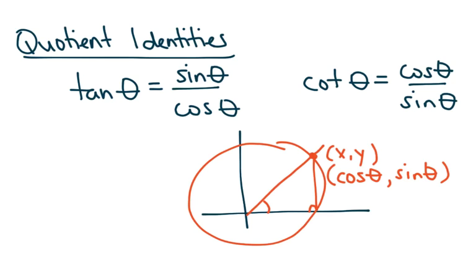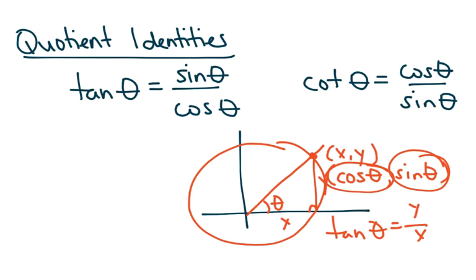So if you draw a triangle here and you ask, what's the tangent of theta? Remember, tangent is opposite over adjacent. And in this case, it's y over x. Well, y is sine theta and x is cosine theta.